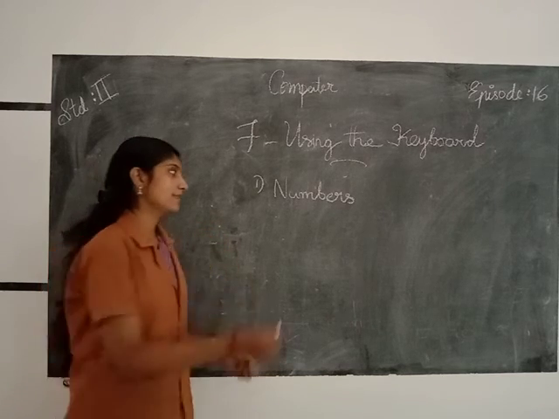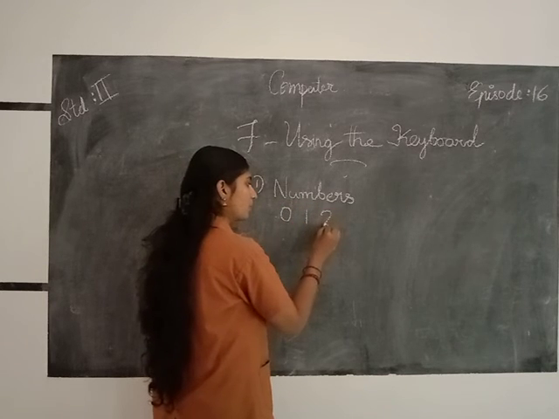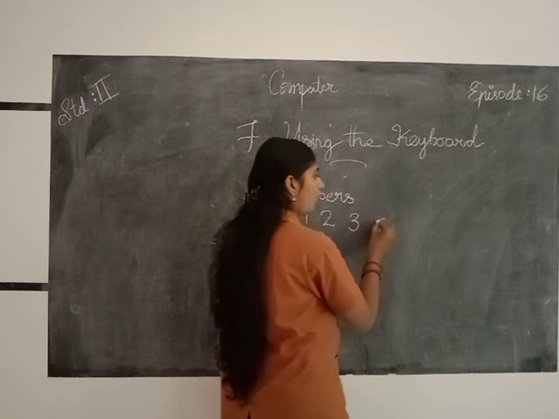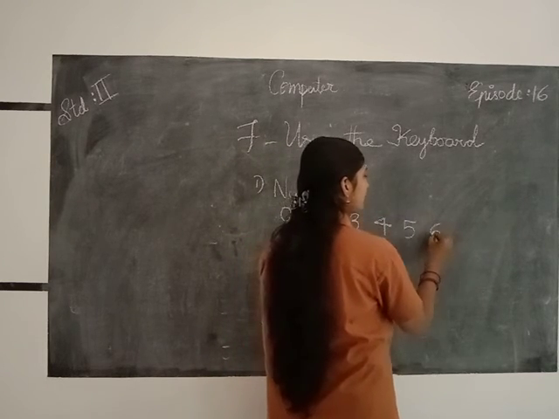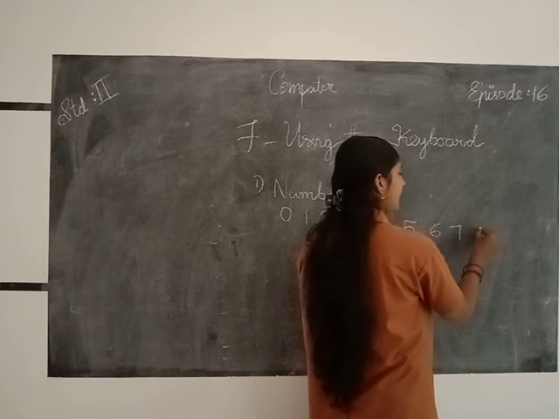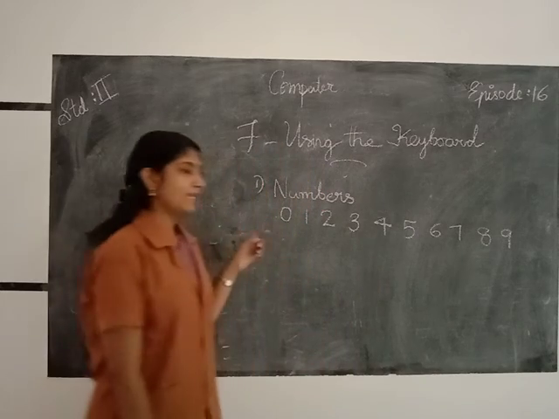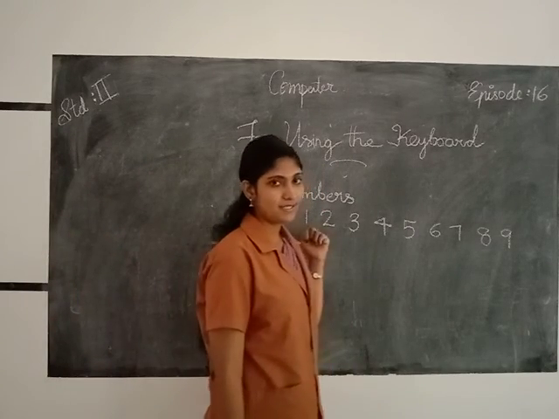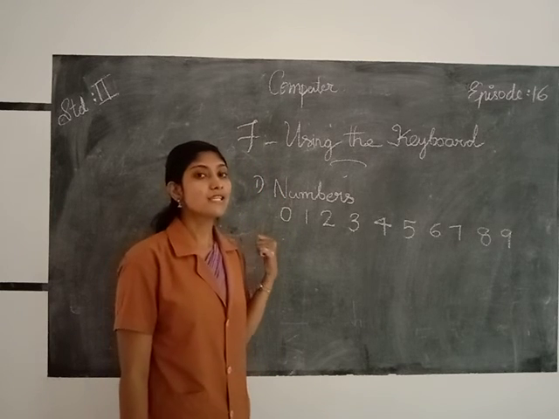Number keys? Yes. 0, 1, 2, 3, 4, 5, 6, 7, 8, 9. The numbers from 0 to 9 are present in the keyboard. How many numbers? 10 numbers.